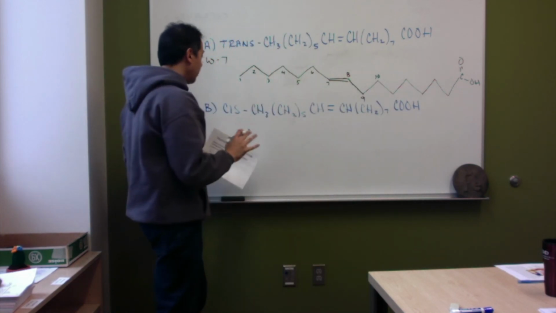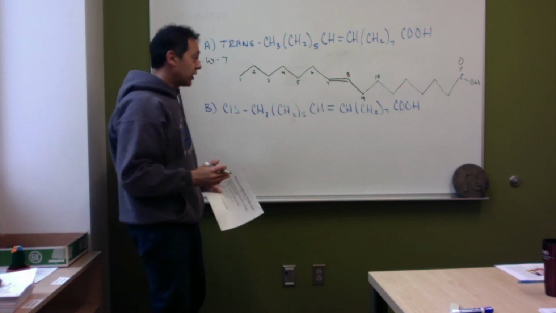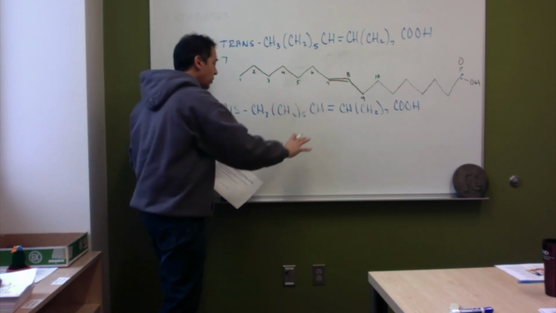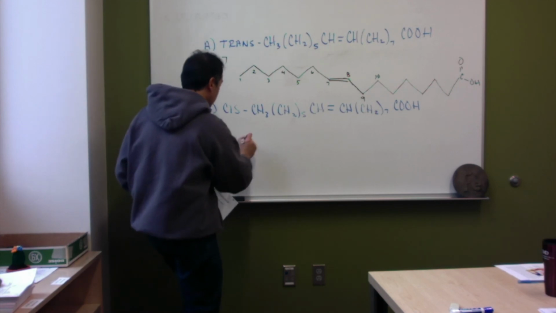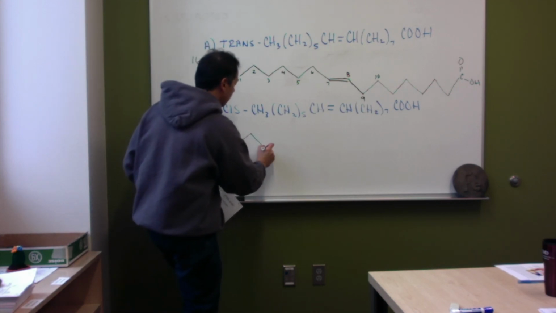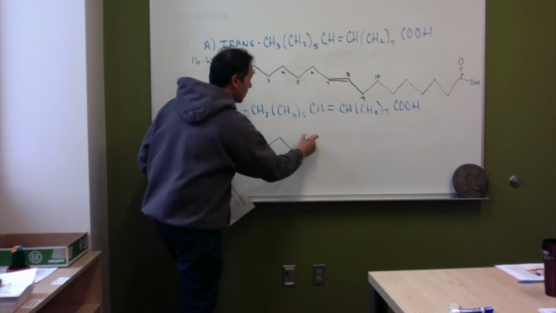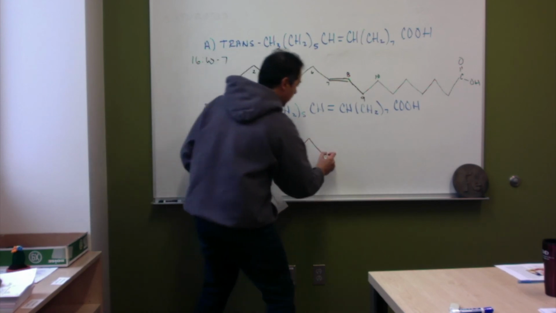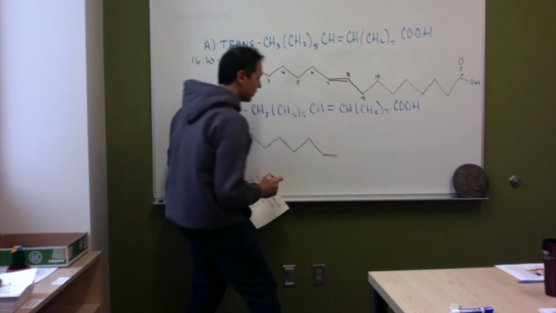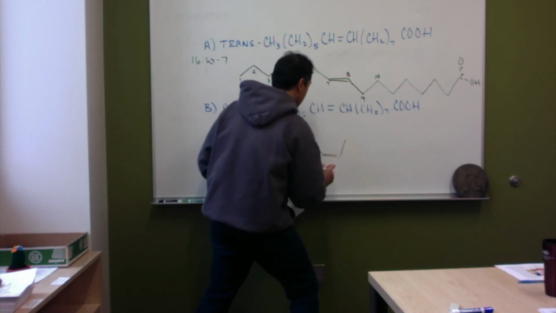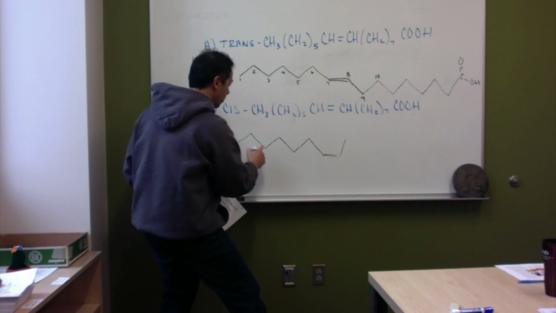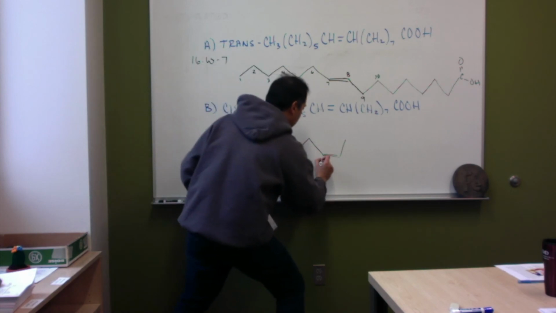Now, if I were to compare that to this one here, this one is cis. This is the same formula, it's just that it's cis, so everything else is the same. I'm going to go 1, 2, 3, 4, 5, 6, 7, and then a double bond like this. Then I'm going to go cis, so on the same side here. So this is 1, 2, 3, 4, 5, 6, 7.